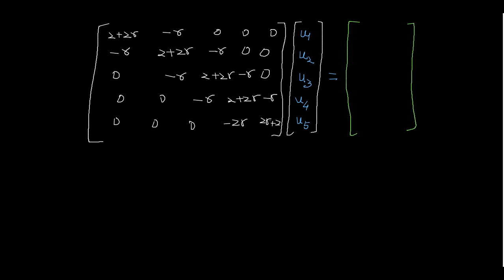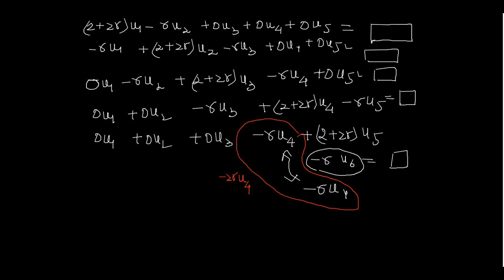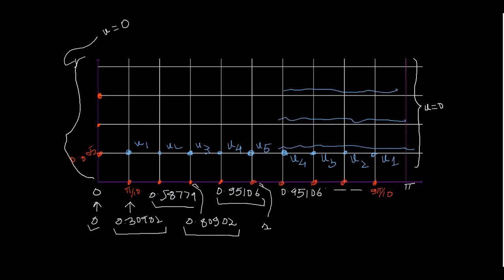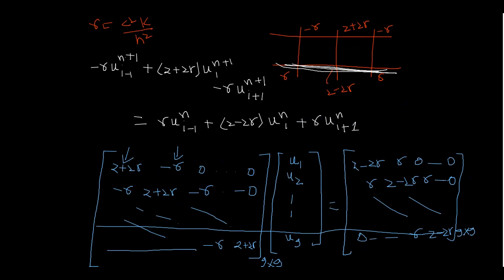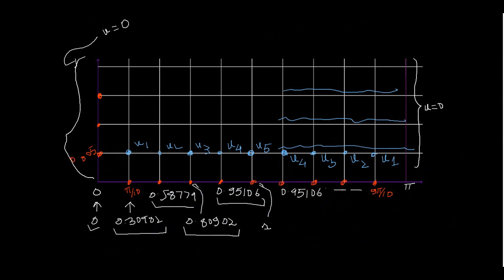Now let's compute the right hand side. So let's go to the previous. See what it is telling: r into u(i minus 1), 2 minus 2r into u(i), and r into u(i plus 1). Suppose we want to find the value at this point.